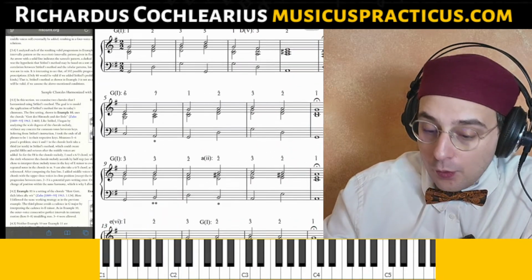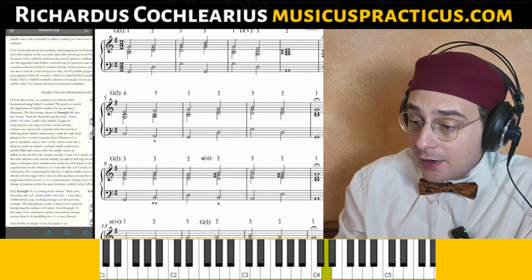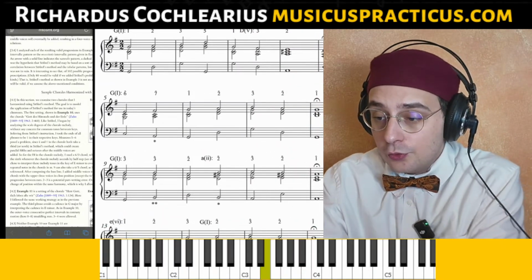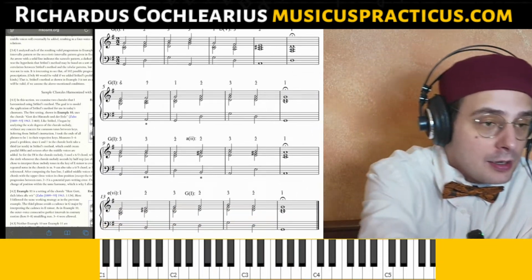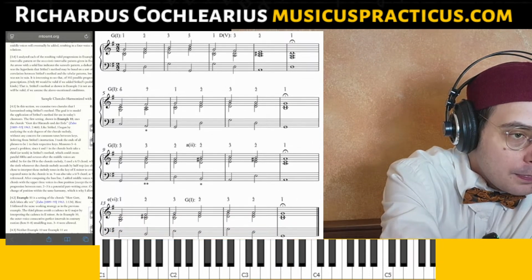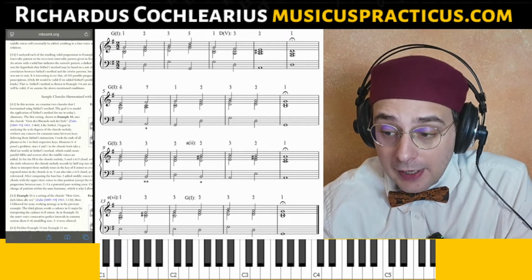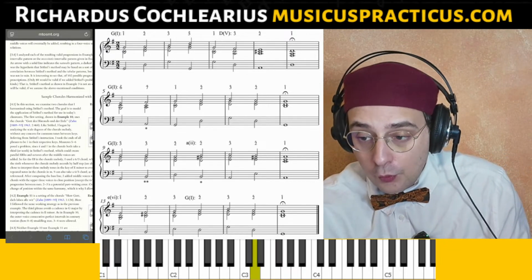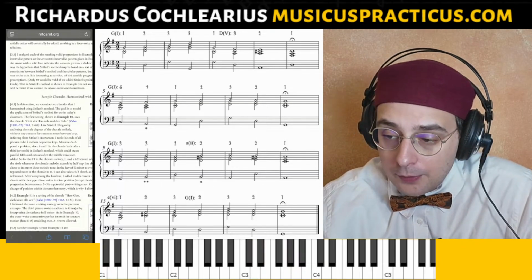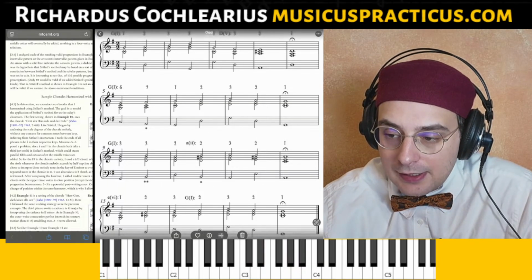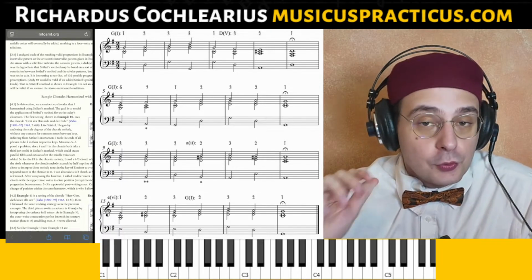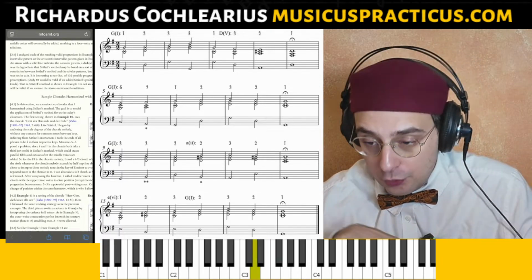Like here, degree 1, 1, 2, 3, 5, 1, 3, 2, 1. This way you can better see it. 1, 2, 3, 5, 1, 3, 2, 1, where from this point D means that this section belongs to D major scale. Mi, re, do.